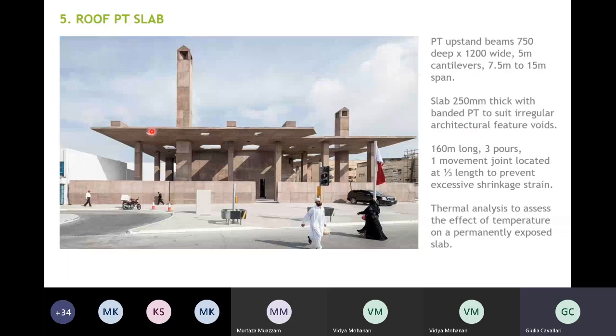We have used a banded PT system to suit the location of the voids. It's a very long slab, about 160 meters, and it had to be subdivided into a number of pours. And we have introduced one movement joint to reduce the excessive shrinkage and strains in the concrete.